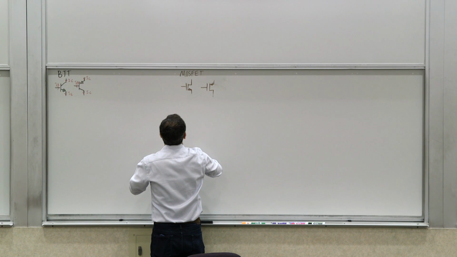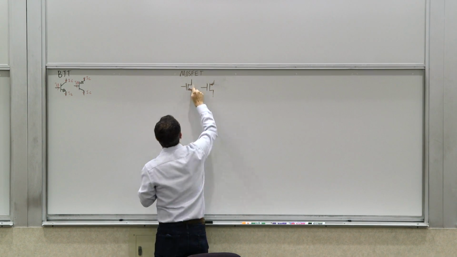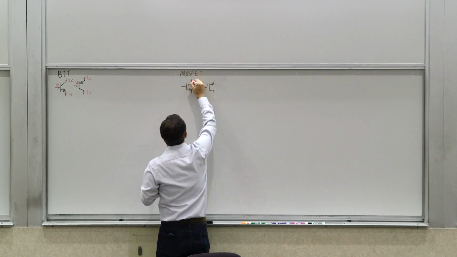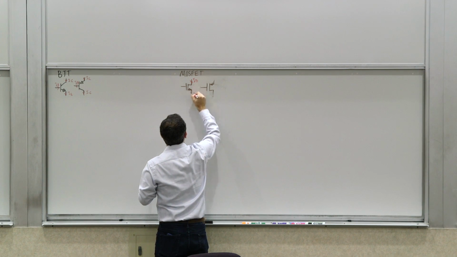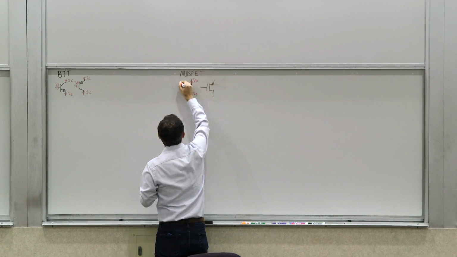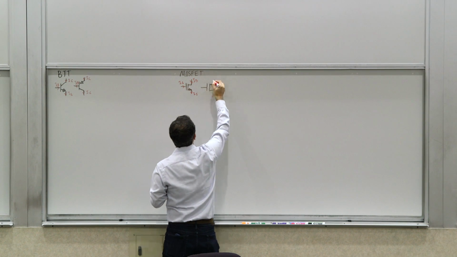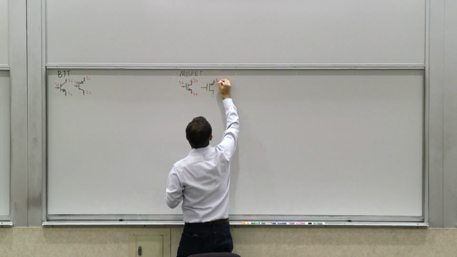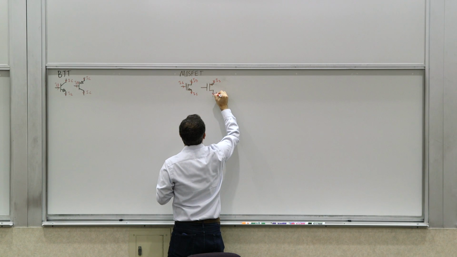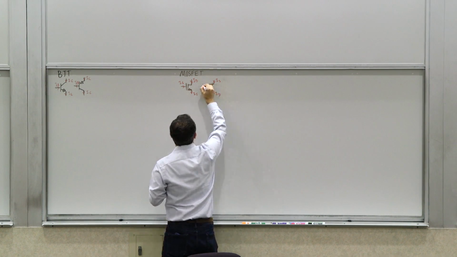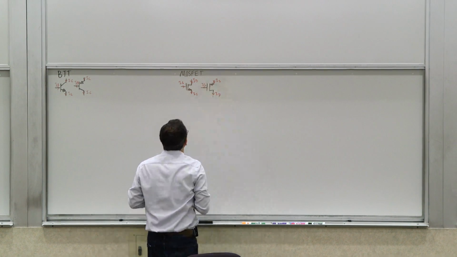And the current flow, so this is, of course, the source, the drain, and the gate. So this is ID, this is IS, and if there is anything, it would be IG, and here would be IS, ID for the PFET, and IG, shown that way.